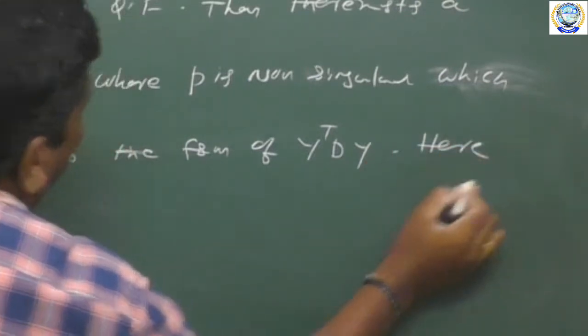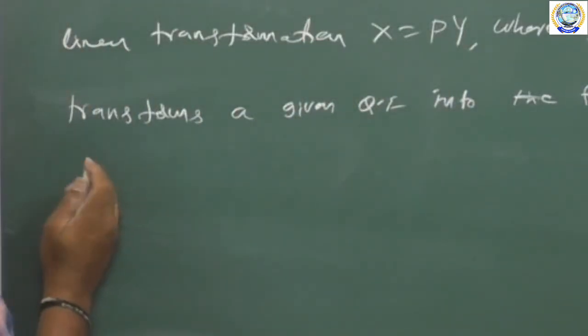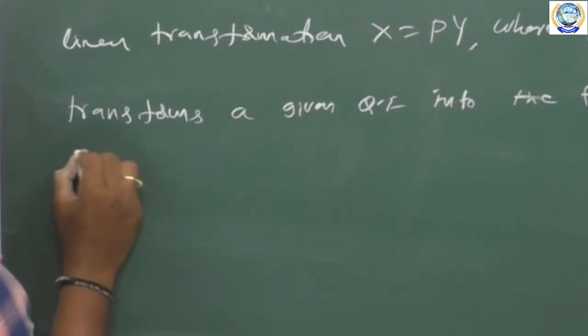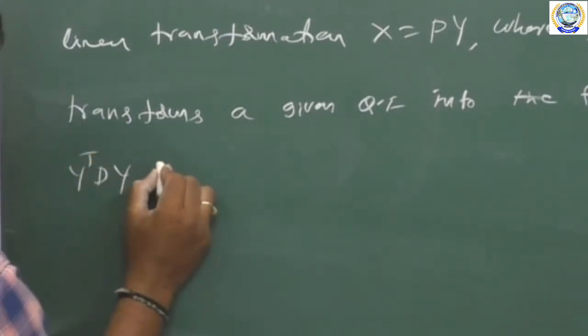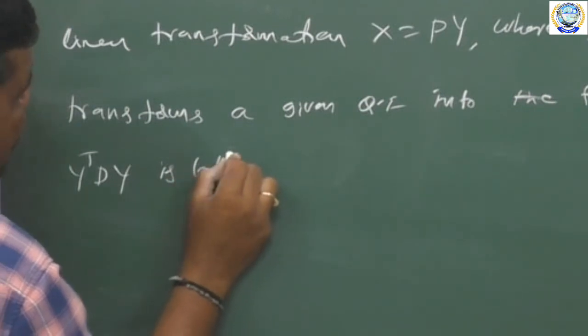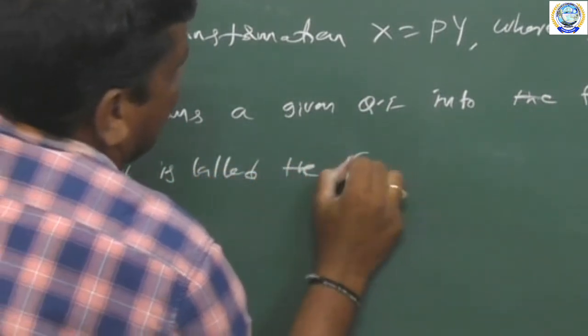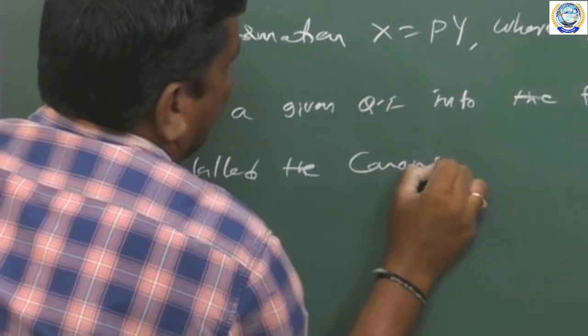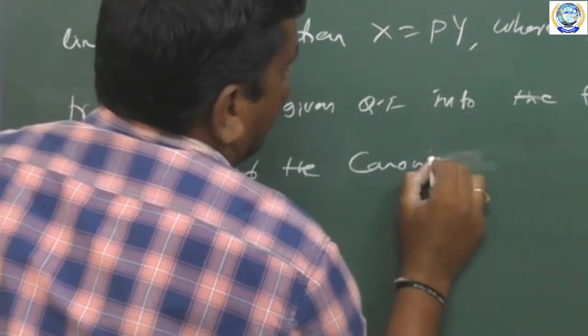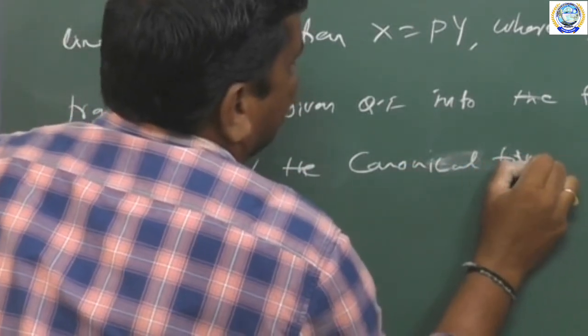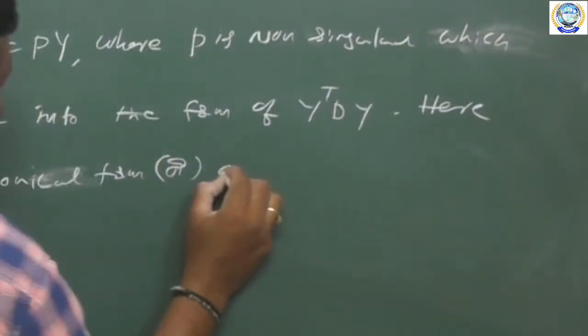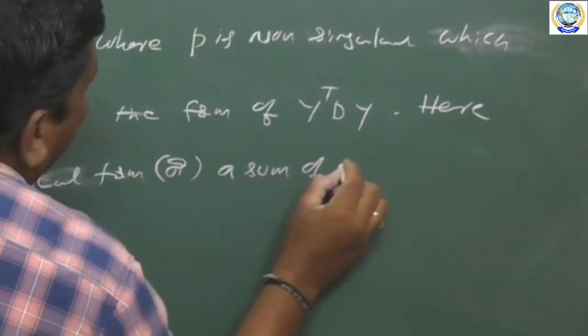Here y transpose Dy is called the canonical form or a sum of squares form.